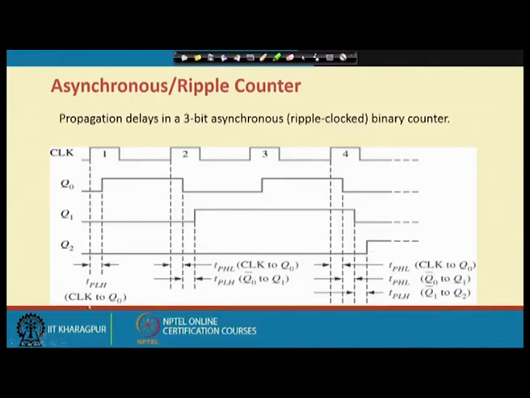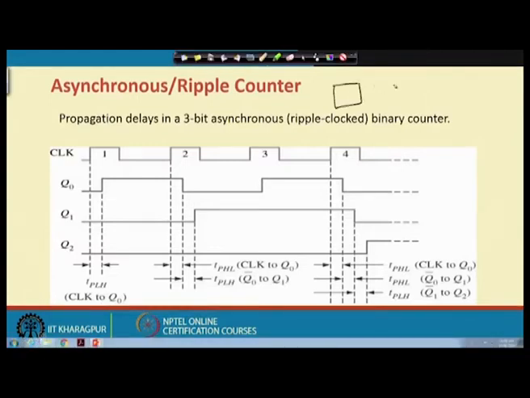Here it is assumed that the clock is connected to Q0. The counter structure assumed here is like this: this is the first flip flop, this is the second flip flop, and this is the third flip flop. The clock is connected to the first flip flop like this, and for the second flip flop we have the Q bar output connected to the clock. Here also the Q bar output is connected to the clock.